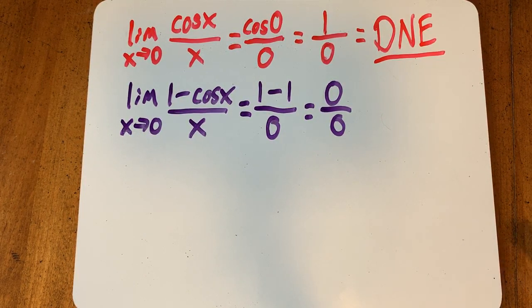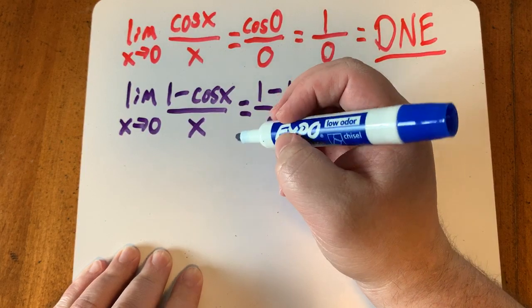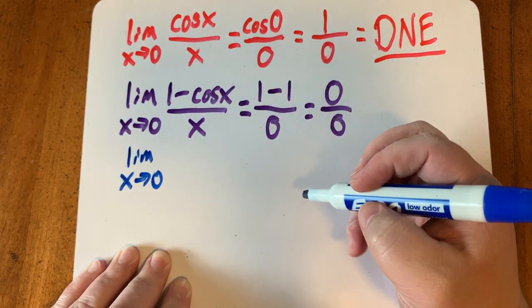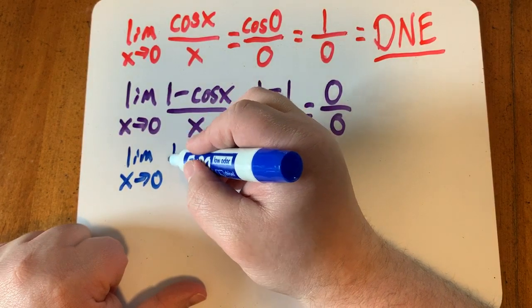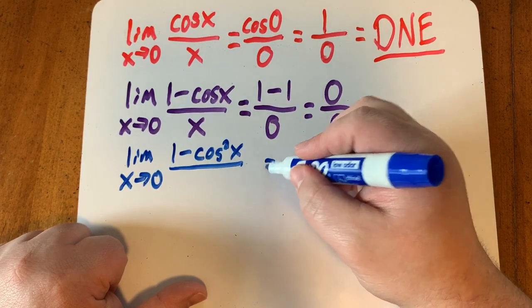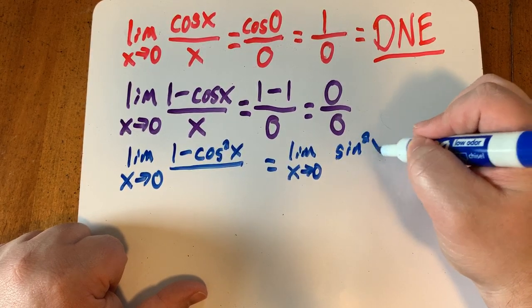So what we want to do is we want to somehow use the limit as x approaches 0 of sine of x over x to make this make more sense. Well, we don't have any sines here, but we have something close to a sine. We have that 1 minus cosine of x. And 1 minus cosine of x, if you multiply by its conjugate, you get 1 minus cosine squared of x, which we know is sine squared of x.